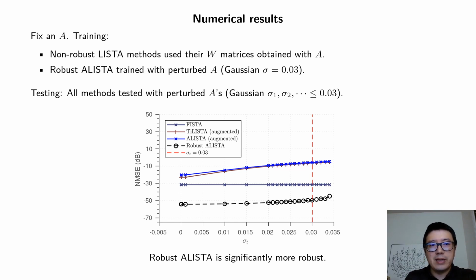Because the robust A-LISTA is trained with the noise of A in mind, it does better.